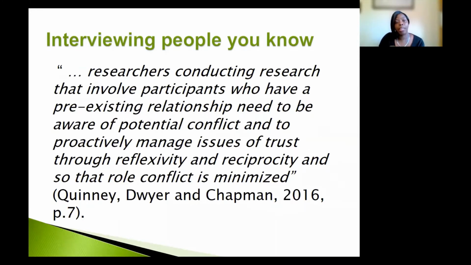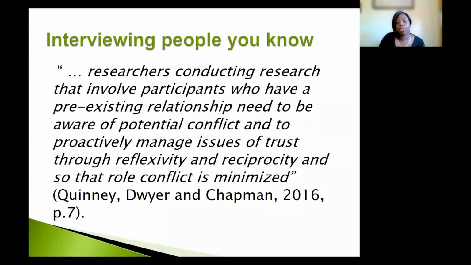I already have those contacts and people already know me, but they know me in the capacity of my job role. But I need to reassure them that when I'm meeting with them, I'm there in the capacity of a researcher. And I would have a responsibility as well to ensure that I'm presenting myself in a professional manner.